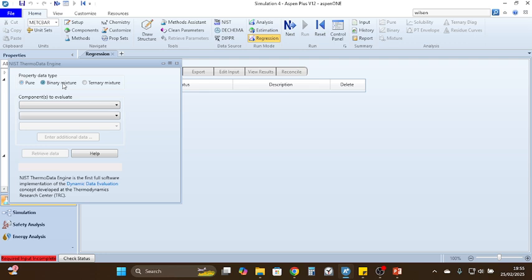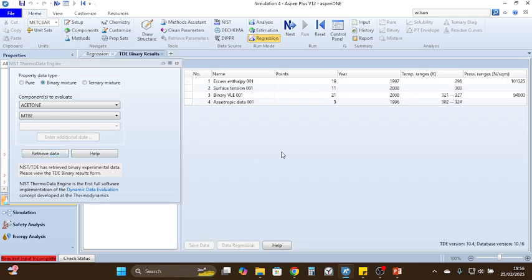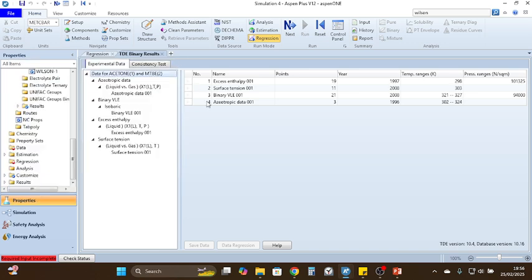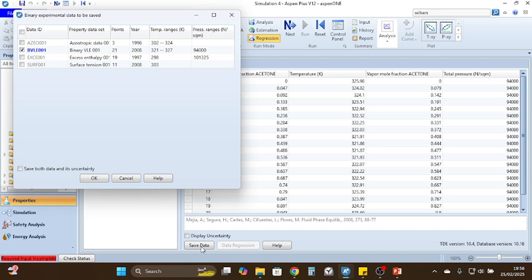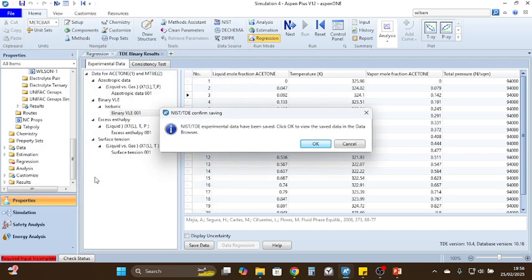We are going to retrieve the binary mixture data for acetone and MTBE. Here you can see that there is only one binary vapor liquid equilibrium data set available for acetone and MTBE. We are going to save this data and use it for our regression analysis.